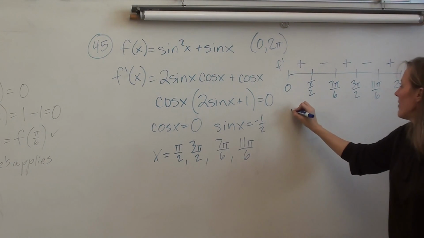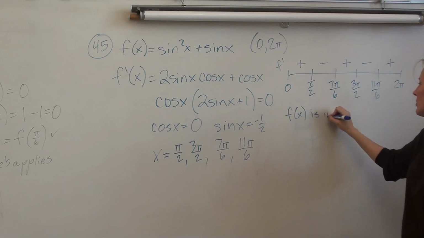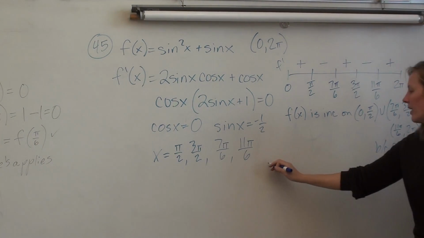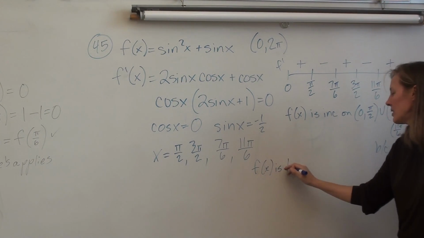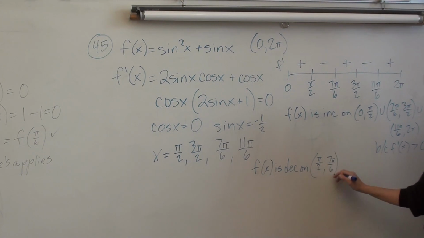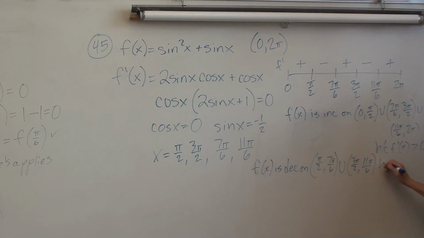All right, so anyway, f is increasing on 0 to pi halves, union 7 pi over 6 to 3 pi halves, union 11 pi over 6 to 2 pi, because f prime is positive. f is decreasing on pi halves to 7 pi over 6 and 3 pi halves to 11 pi over 6, because f prime is negative.